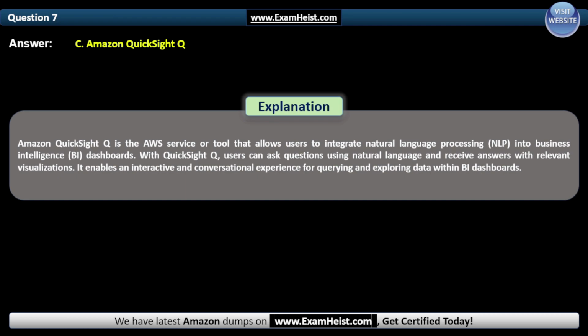With QuickSight Q, users can ask questions using natural language and receive answers with relevant visualizations. It enables an interactive and conversational experience for querying and exploring data within BI dashboards.